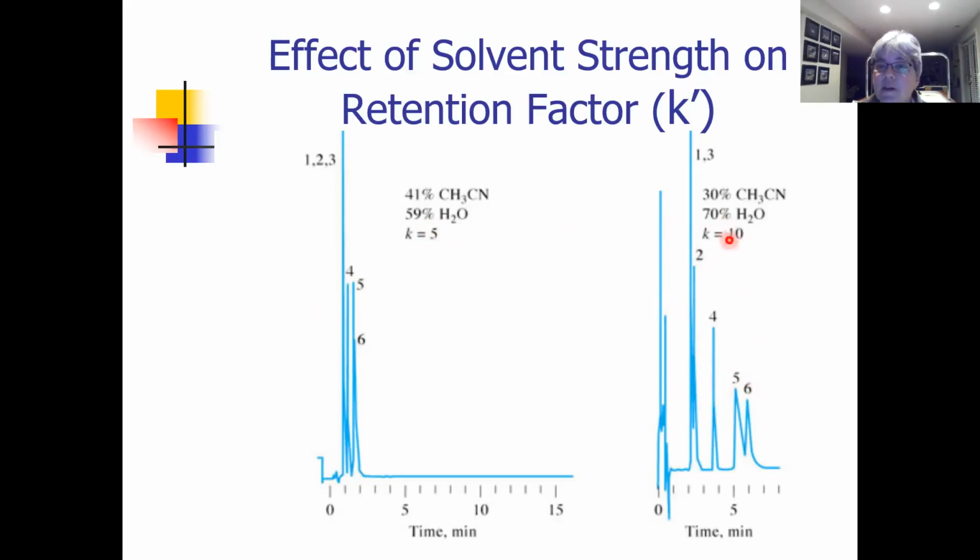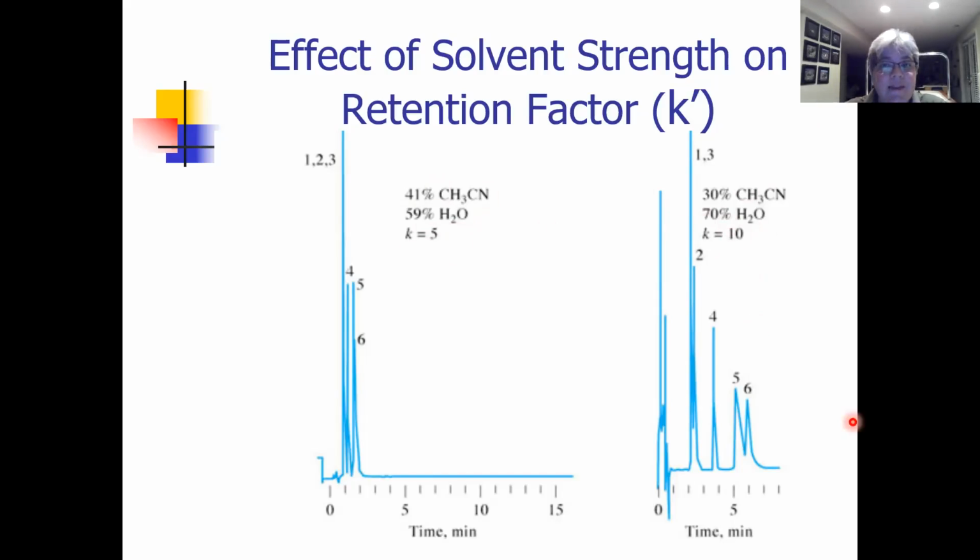But simply by changing the ratio, we've changed K from 5 to 10. And there are actually equations you can use to calculate how this will change K. The equations are a little bit hard to use, so I'm not giving them to you or asking you to learn to use those, but there are equations to help calculate how changing this ratio will affect K.